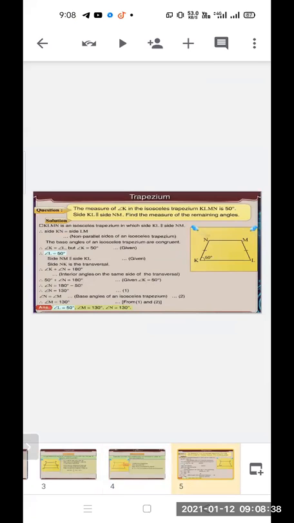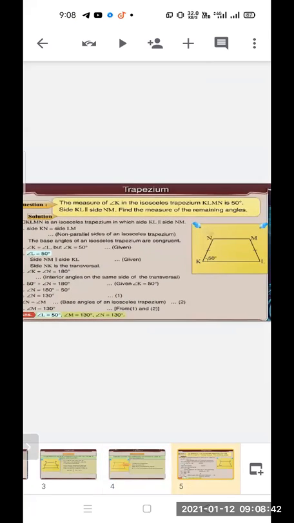So here, it is given that KLMN is an isosceles trapezium. The measure of angle K in the isosceles trapezium KLMN is 50 degrees, and side KL is parallel to side NM.